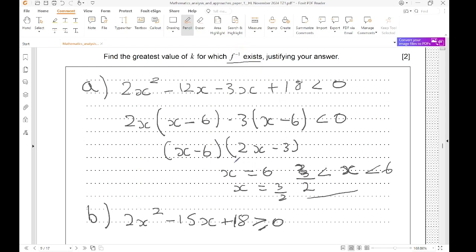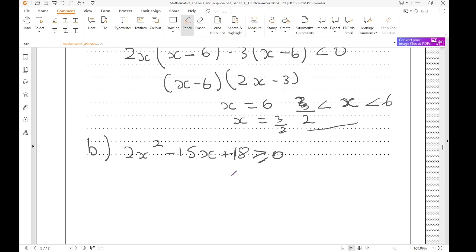I know I'm repeating functions again and again, but you have to understand that if k is not equal to 3 over 2, and x is greater than or equal to 3 over 2, you will get a graph that looks something like this. That means the horizontal line test will not work, as there are multiple intersections and this function is not 1 to 1.